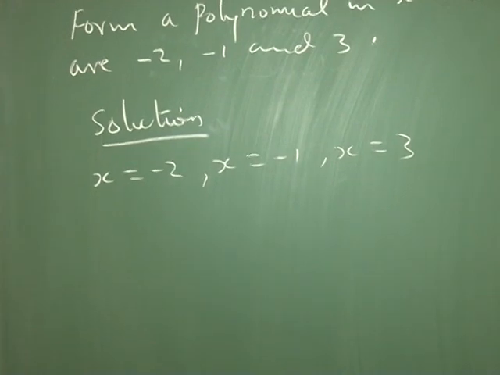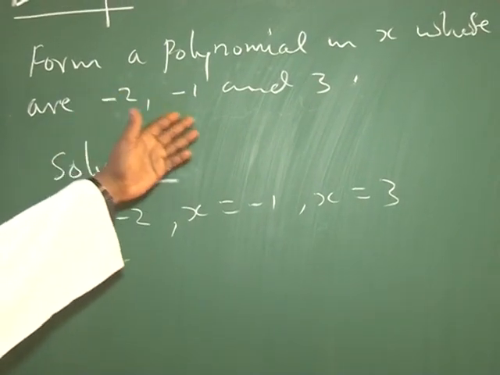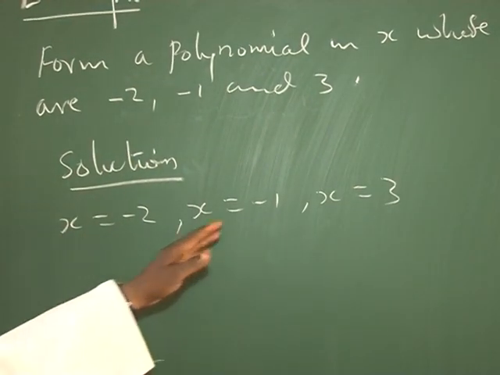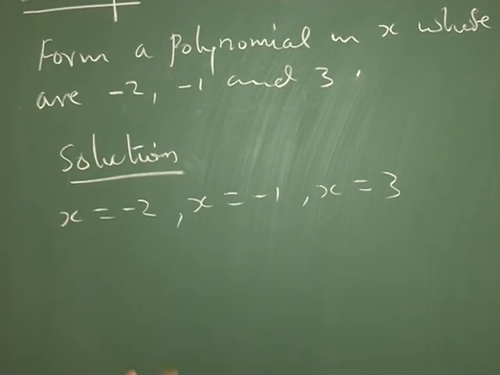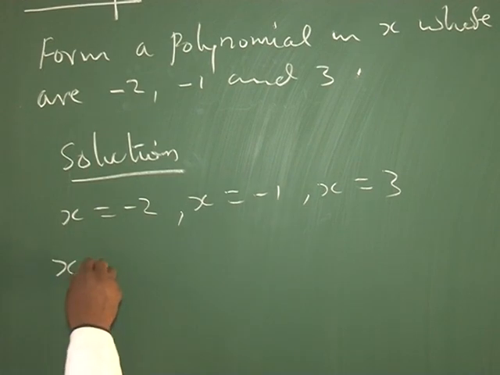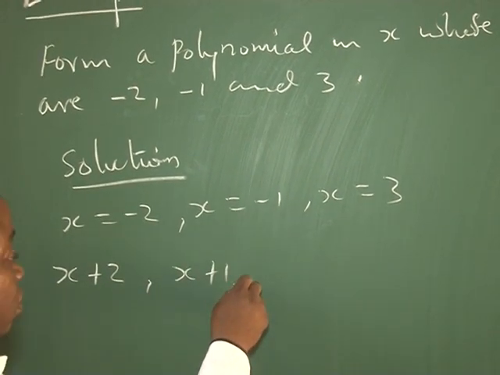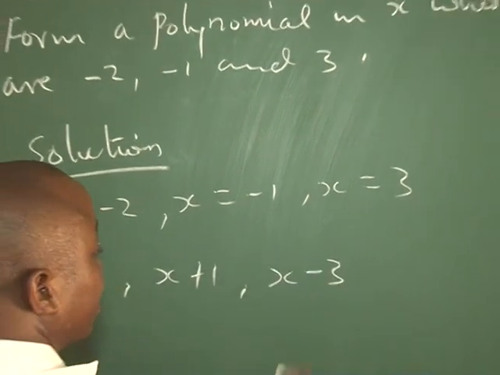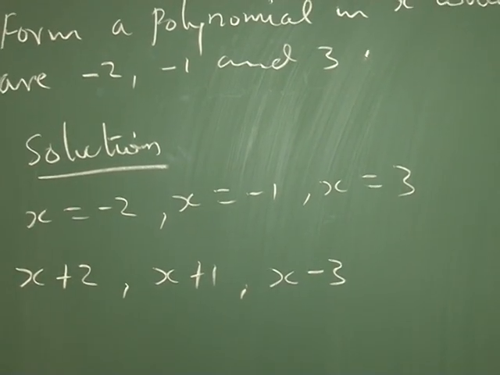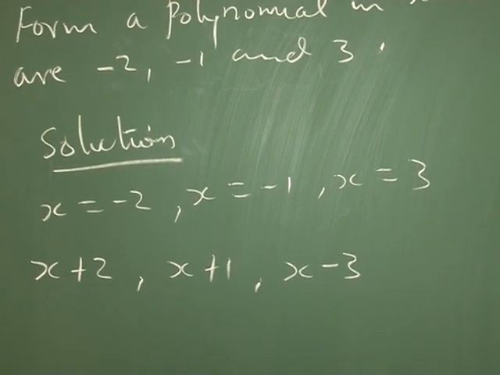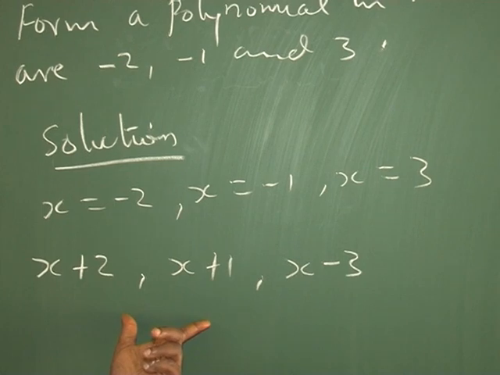These are the zeros of the polynomial. Now, if these are the zeros of the polynomial, it means that x plus 2, x plus 1, x minus 3 are factors, from the factor theorem and zero of a polynomial that we have done. We now understand that these are the factors.